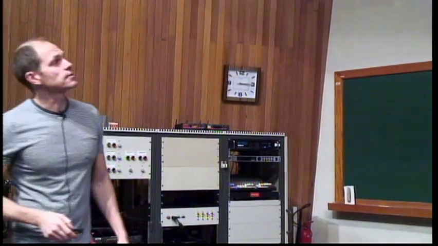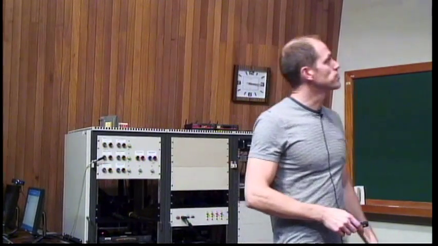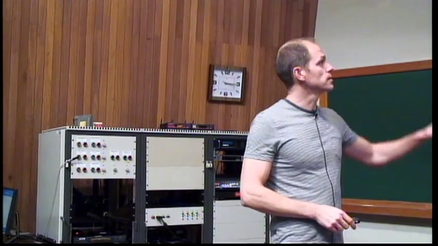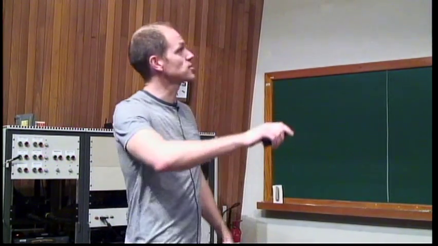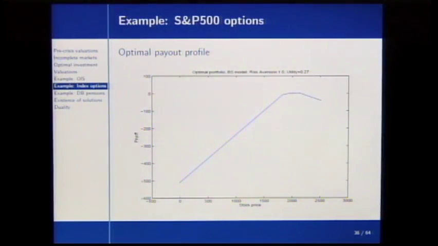And here is the optimal payout portfolio. In this example, we assume that, again, the agent starts with the 0 initial liabilities and just optimizes his portfolio in the cash, underlying, and the options. And this is the optimal payment profile as a function of the underlying at maturity.